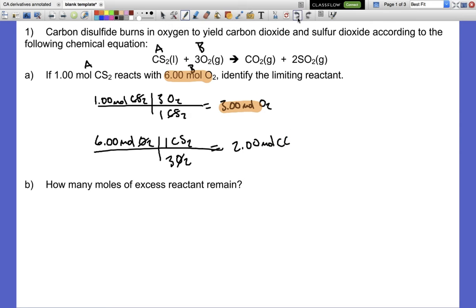And again, I'm supposed to interpret this. I'm supposed to understand that, okay, I need this much. This is how much I have. I don't have enough, right? So at the end of the day, because I don't have enough CS2 to react with all of the oxygen, that means that CS2 is going to be my limiting reactant.